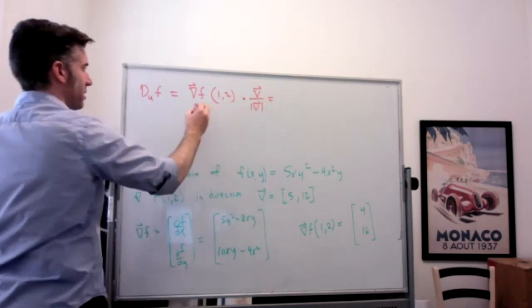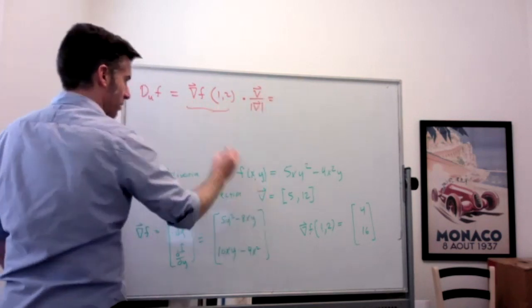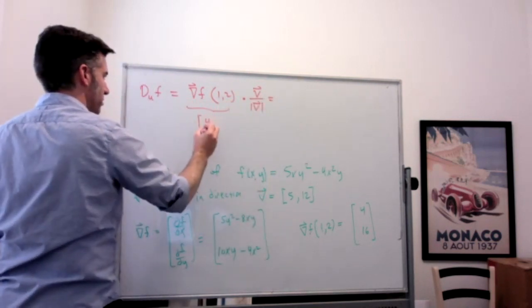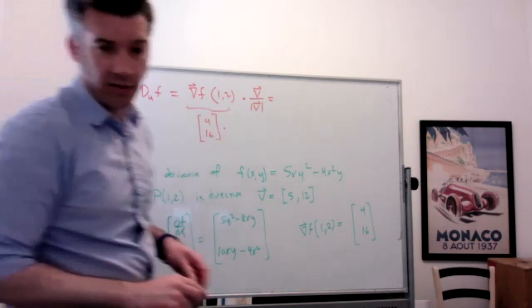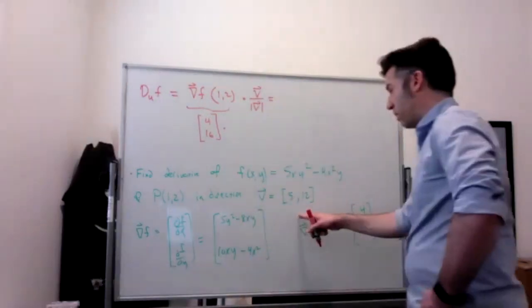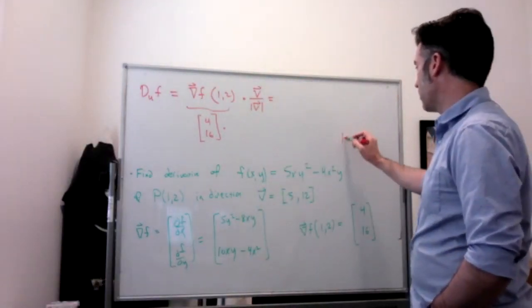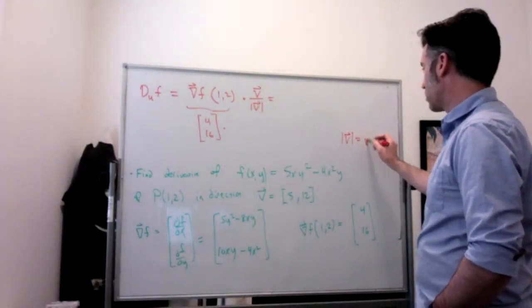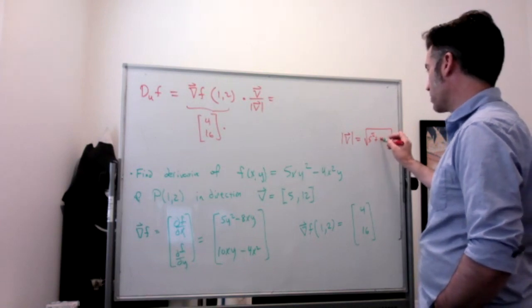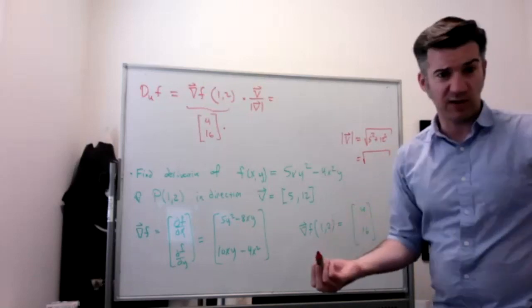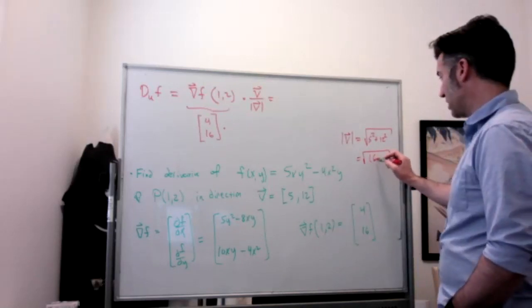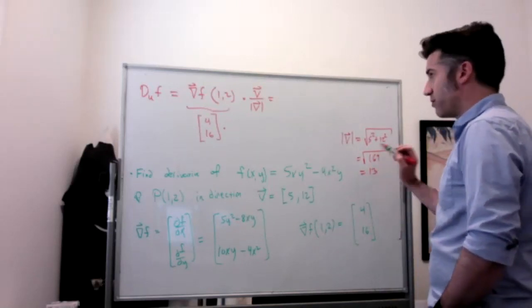We just found this, right? This is going to be the vector (4, 16). The vector v is (5, 12). The magnitude of v is the square root of 5 squared plus 12 squared, which is the square root of 25 plus 144, which is 169, and the square root is 13.